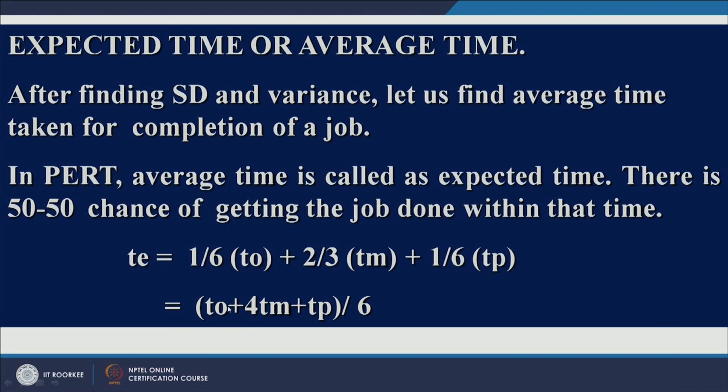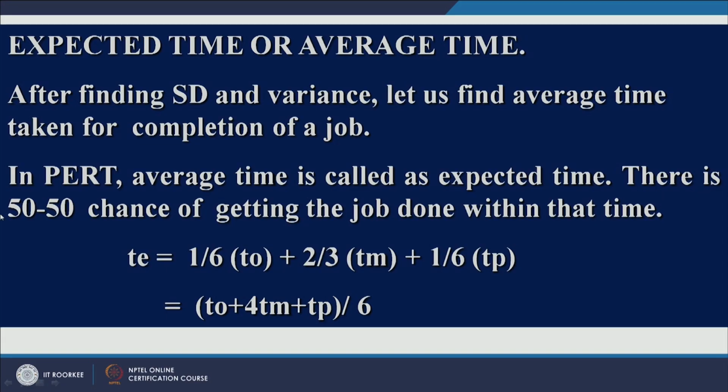It is optimistic time plus 4 times most likely time plus pessimistic time, divided by 6. In PERT networks, average time is called expected time. So, either you call it average time or expected time, one and the same thing.